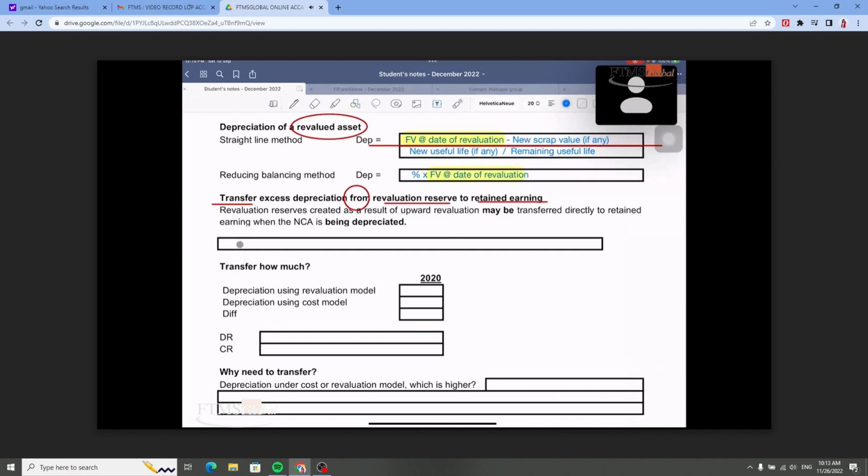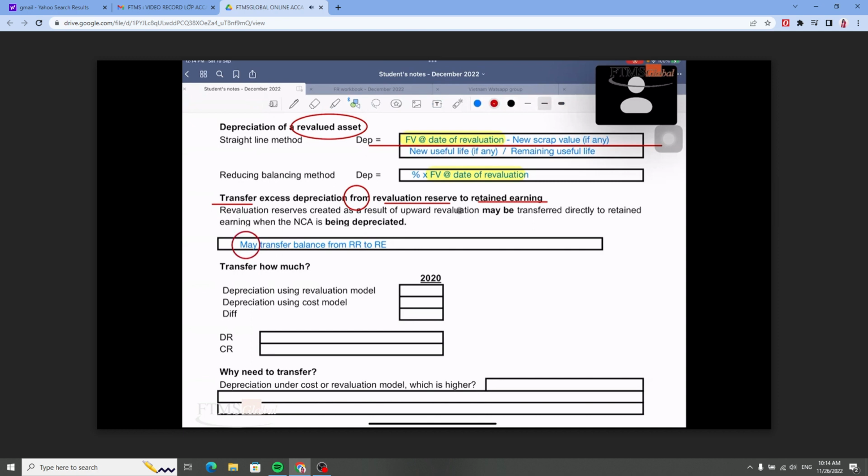Now, firstly, it's important to note you may transfer balance from your revaluation reserve to your retained earning. So the keyword is you may transfer.